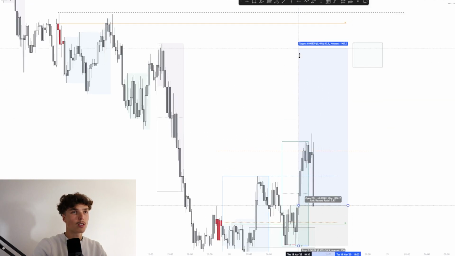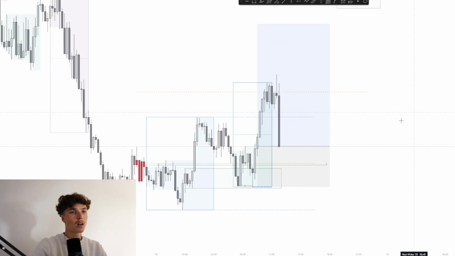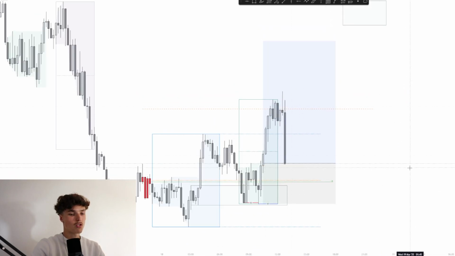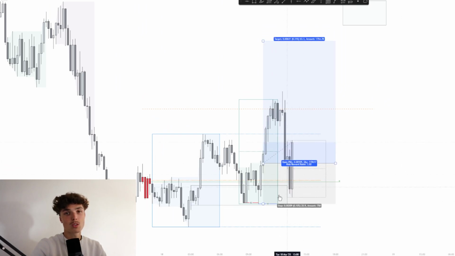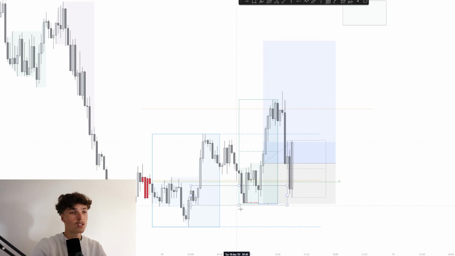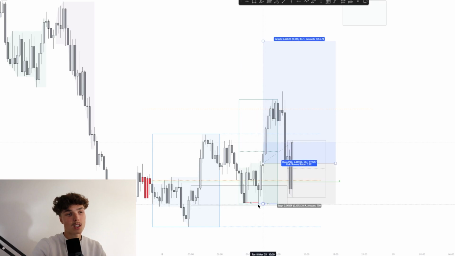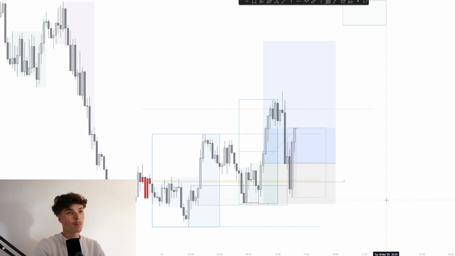Then we saw that the market retraced back, and I thought, oh no, I'm going to be stopped out, but this was actually a good low. Like I said, we swept the early sellers, so we make a good low, this low held, and then the market just pushed up higher, and boom, I had my TP.